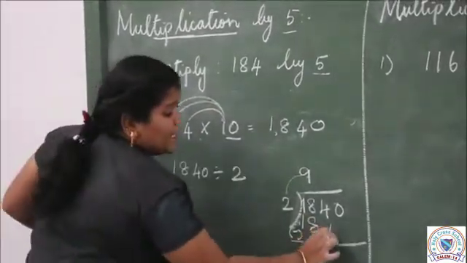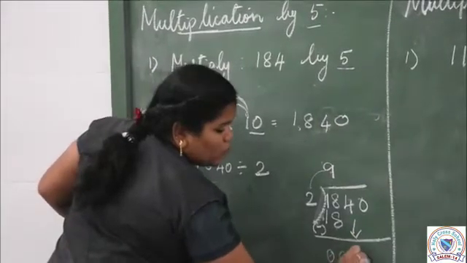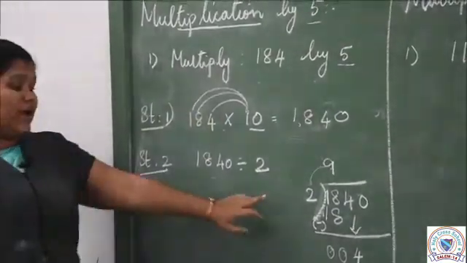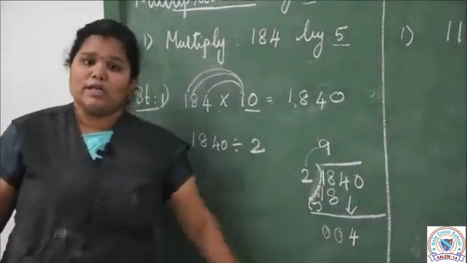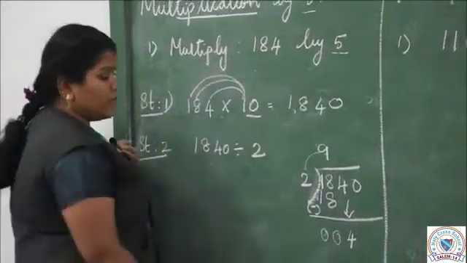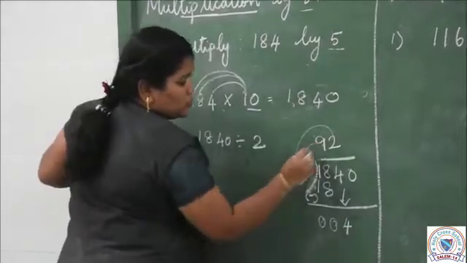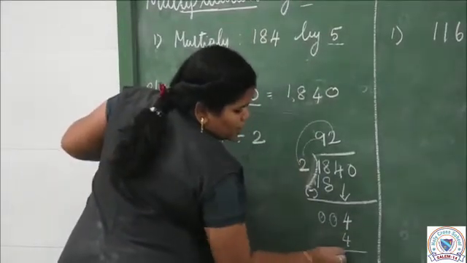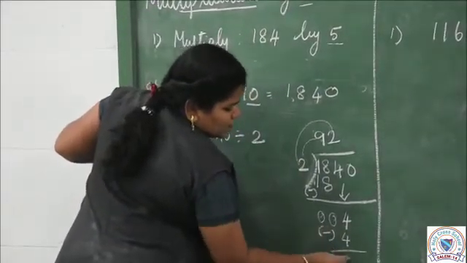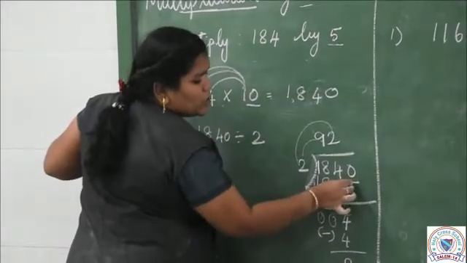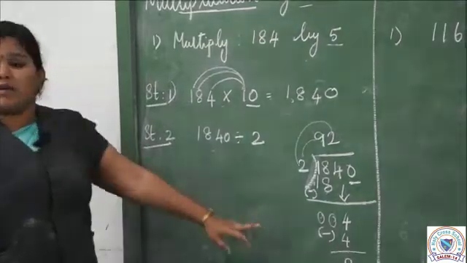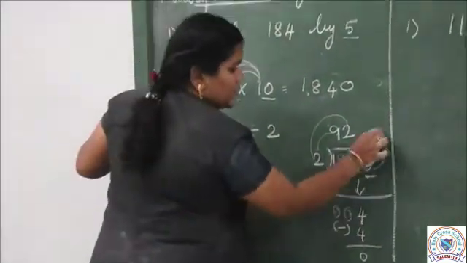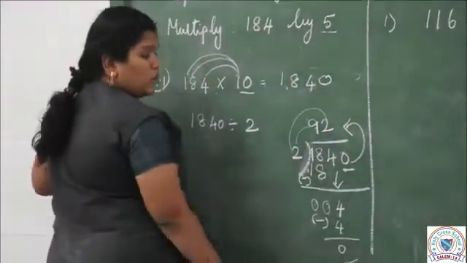Next, bring down the next digit, that is 4. Now, how many 2's are there in 4? There are 2 2's in 4. 2 2's are 4. Then subtract, 0. So we have one more 0 here. If you bring down the 0, it doesn't have a value, so you can take this 0 directly to the quotient.